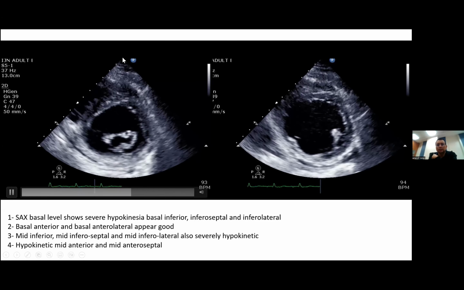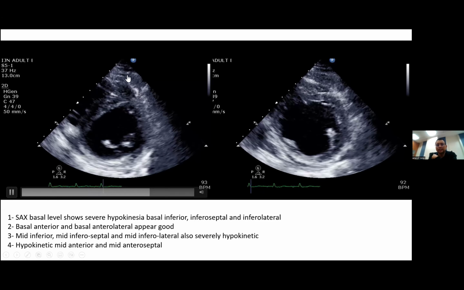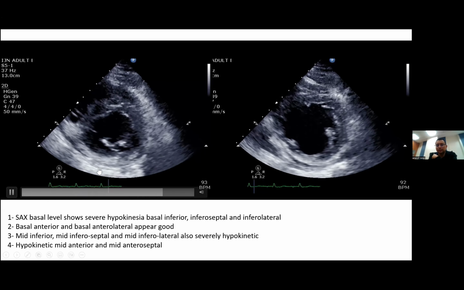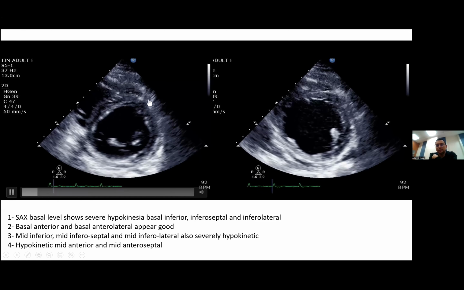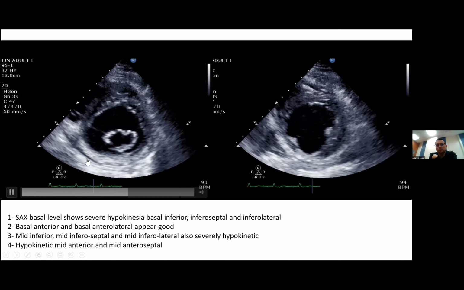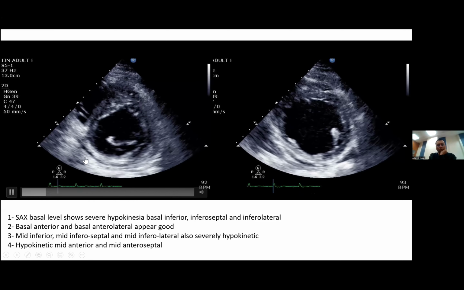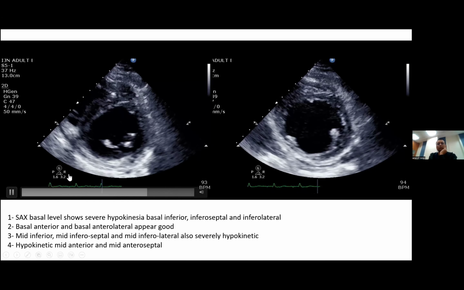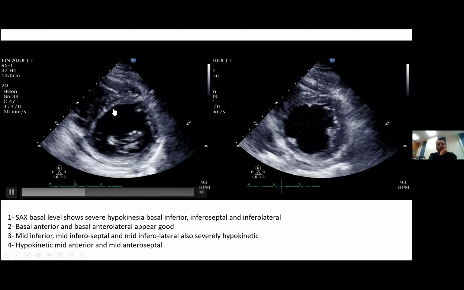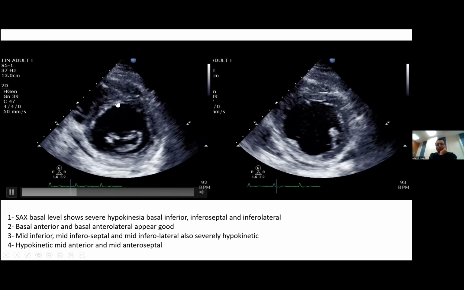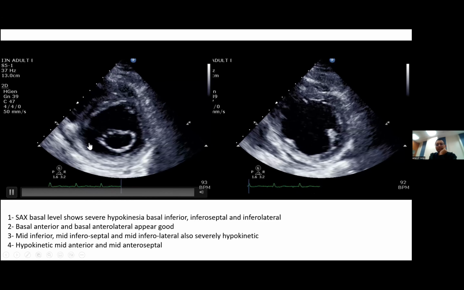This is the ultrasound probe, so that's anterior and that is posterior. So you know that this is the anterior wall, and this is the posterior or inferior wall. The way to name it, because this is septum, is that this segment here is basal anteroseptal.